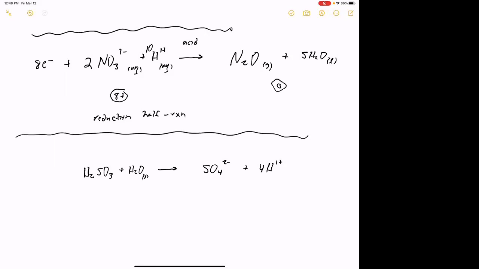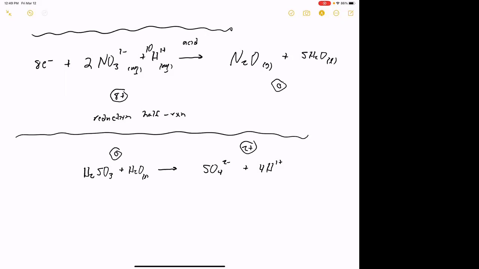Any charge on the left? I don't see any, so I'm going to put a 0 there. What's my total charge on the right? +2. Yeah, that's exactly what I would say.